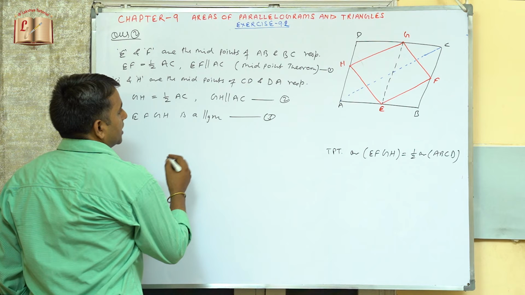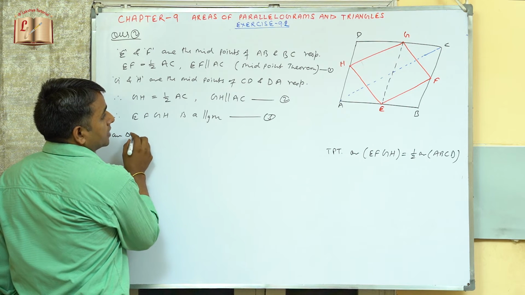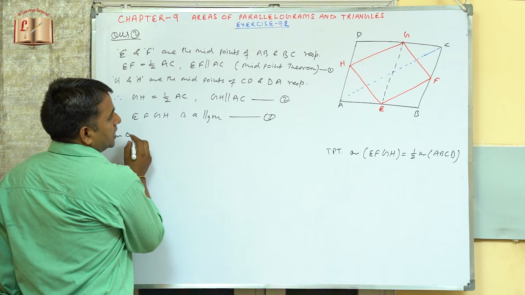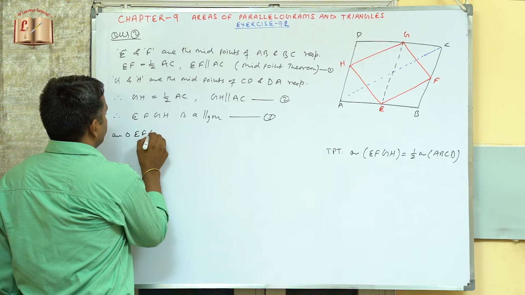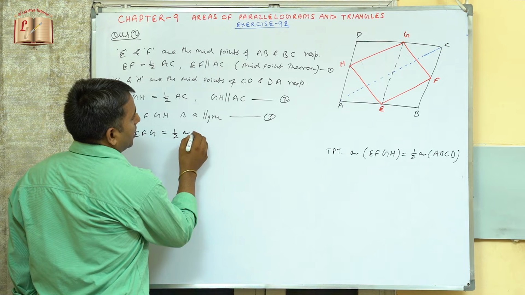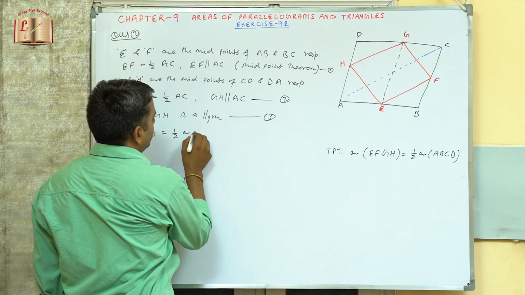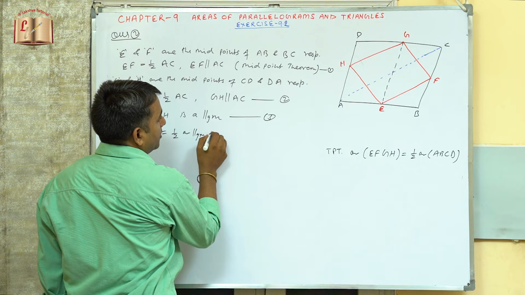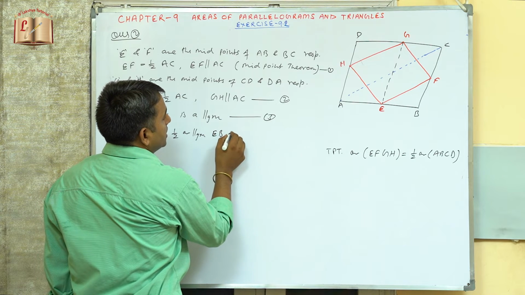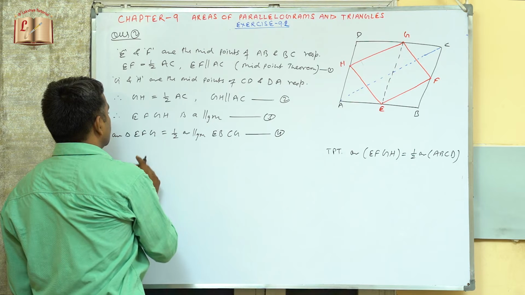So we can write that area of triangle EFG is equal to half of area of parallelogram EBCG. This is equation number 4.